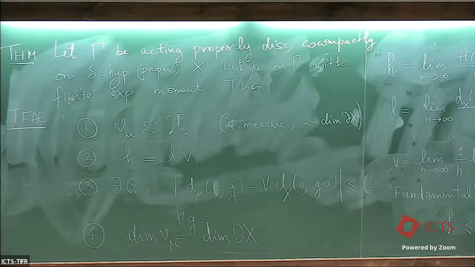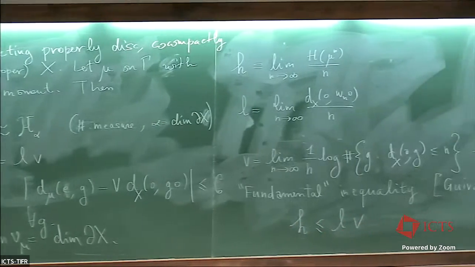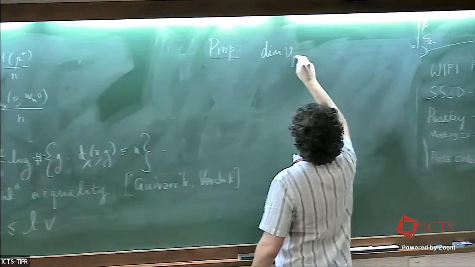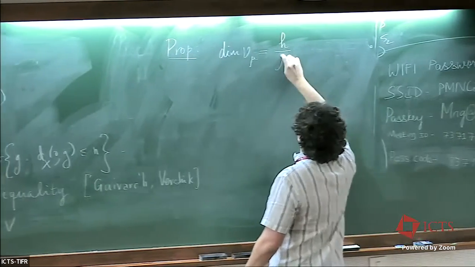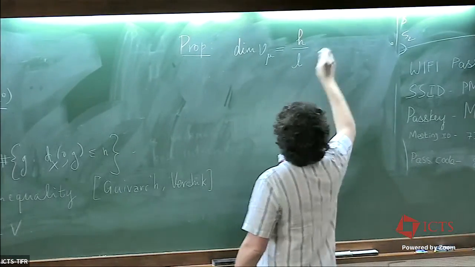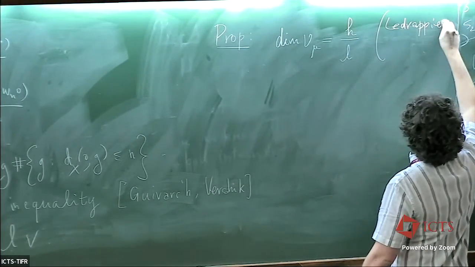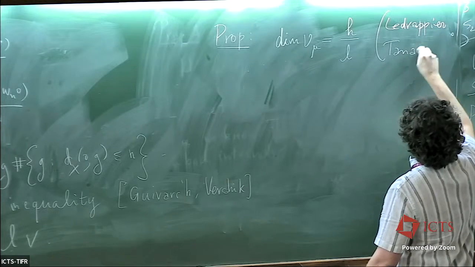Let me also recall the following proposition: the dimension of this harmonic measure is H over L. This is due to Ledrappier if you take a weaker definition of dimension, or Tanaka if you take a stronger one.